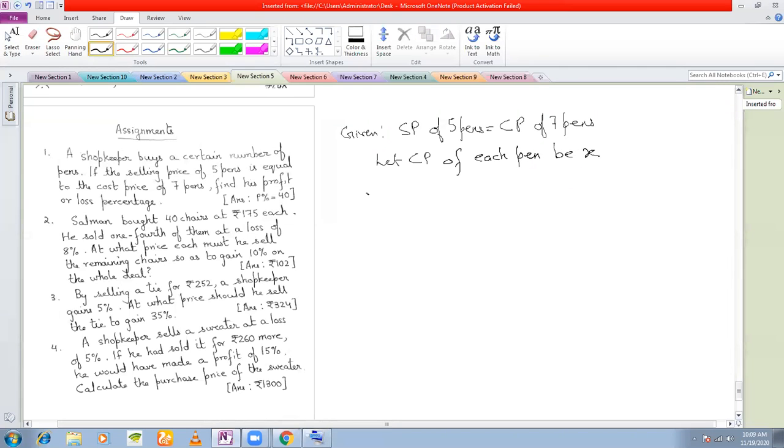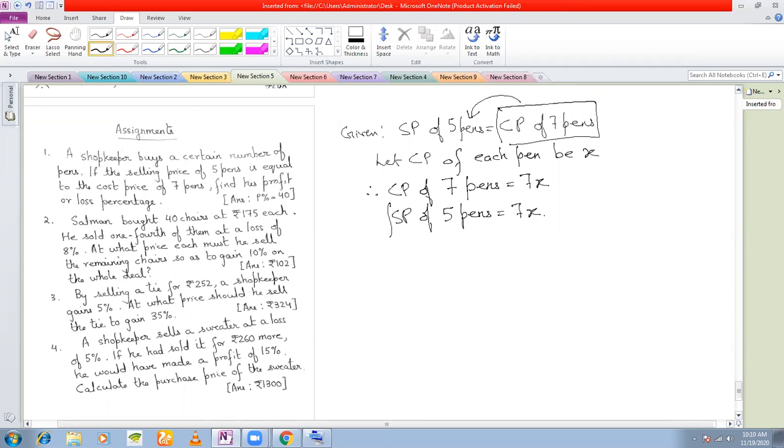Therefore, the cost price of 7 pens will be how much? If the cost price of 1 pen is X, then the cost price of 7 pens will be 7X. Also, since the cost price of 7 pens is equal to the selling price of 5 pens, the selling price of 5 pens will also be 7X. The question is find the profit percentage.